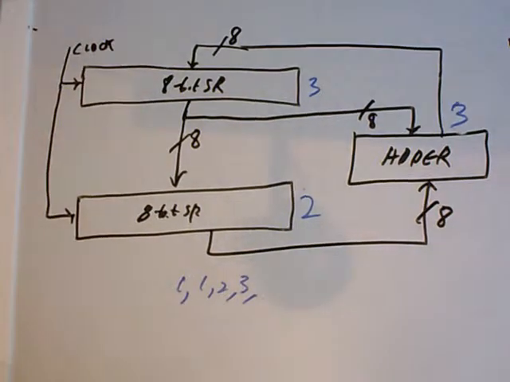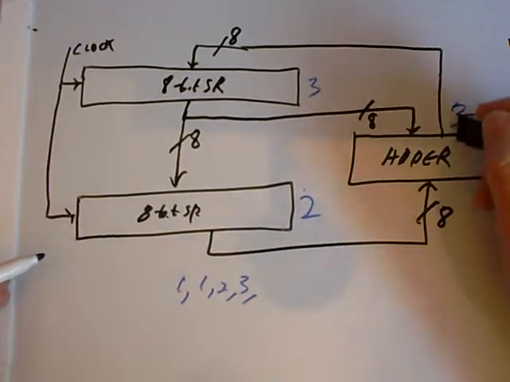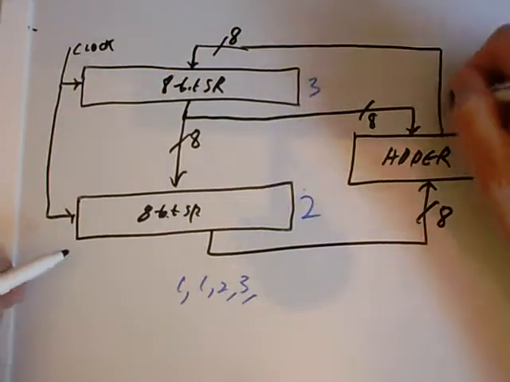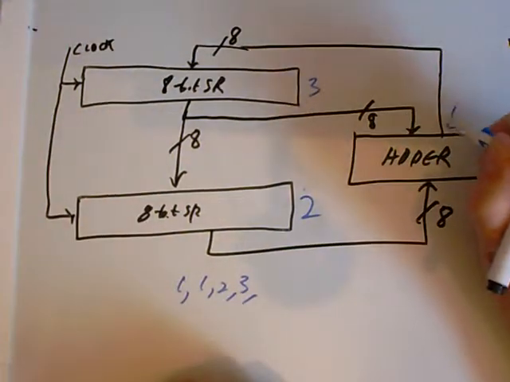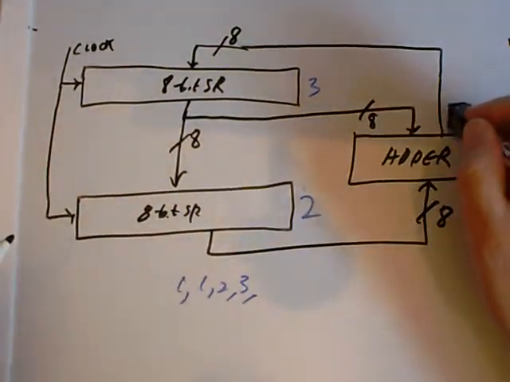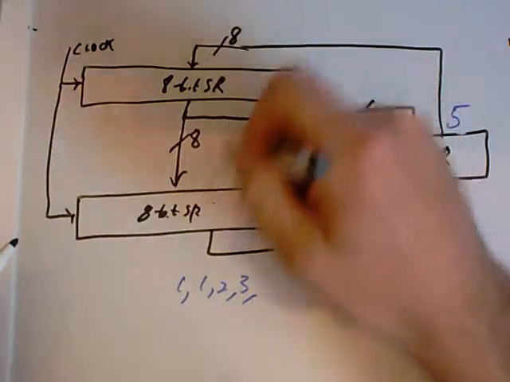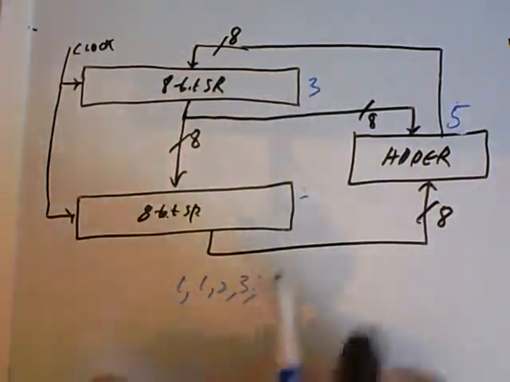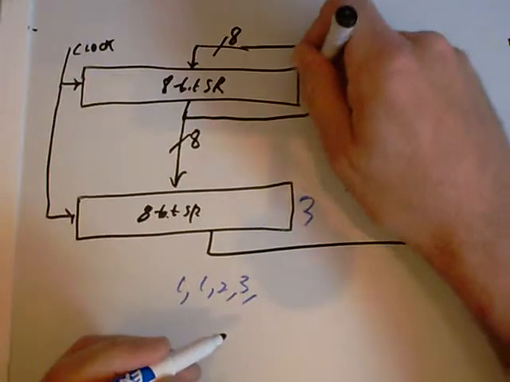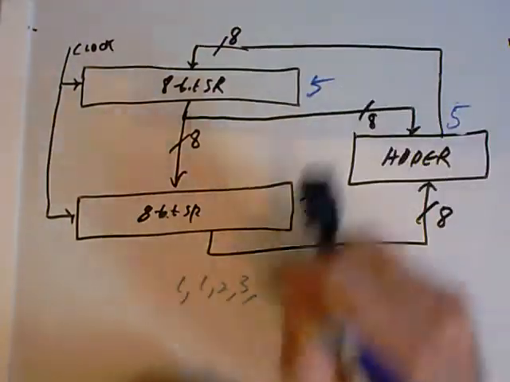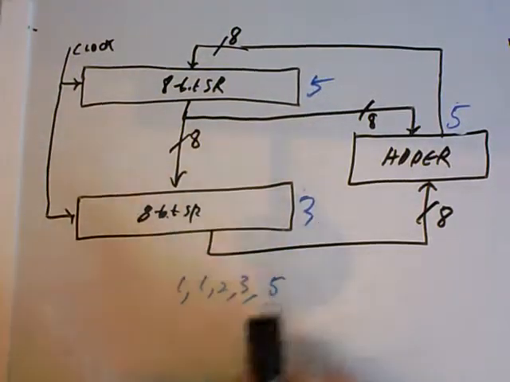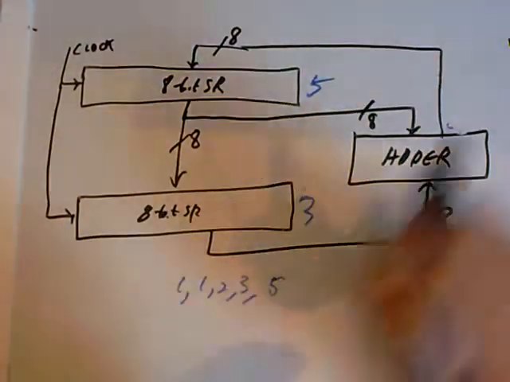And the next time that the clock ticks, the 2 and the 3 will get added immediately, which will give us a 5. The next time the clock ticks, the 5 will get loaded into here, and the 3 will get loaded into here. So this will become a 3, and this will become a 5. And so the next value coming out is 5, and now 5 and 3 will give us 8.